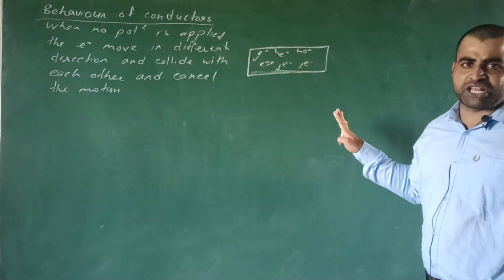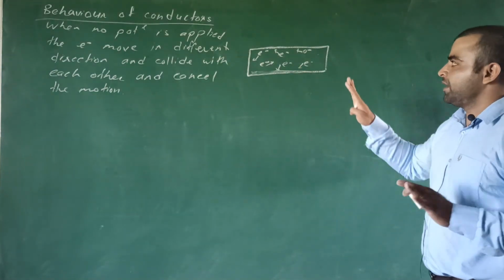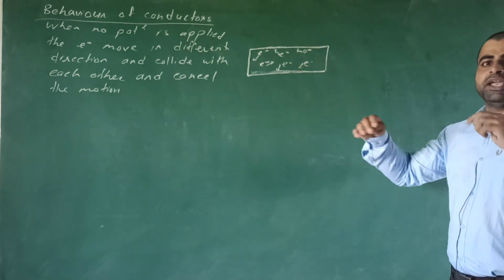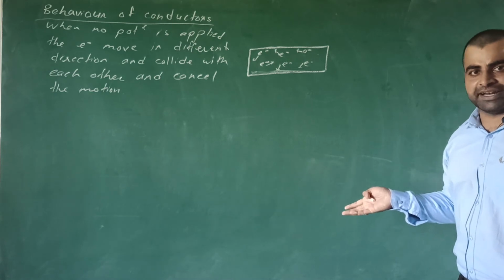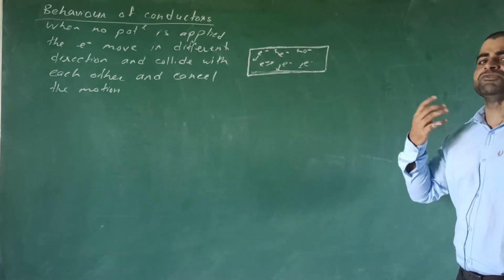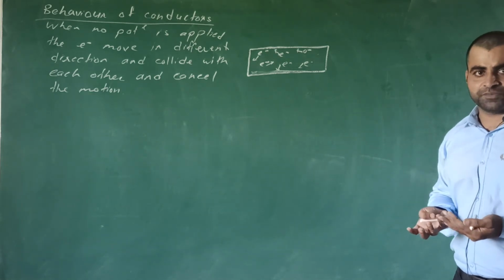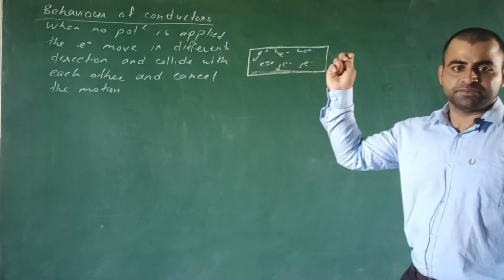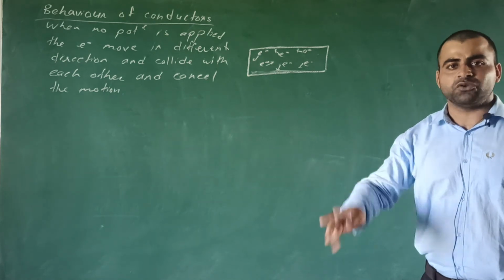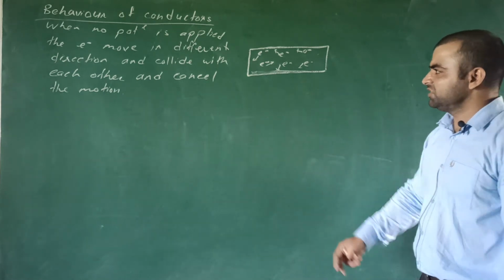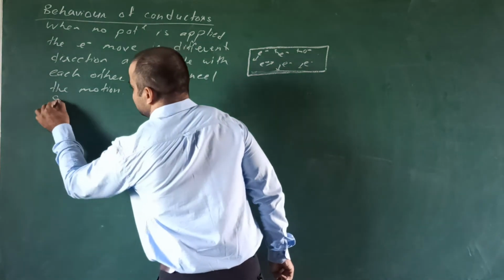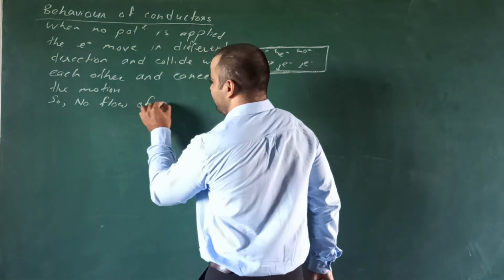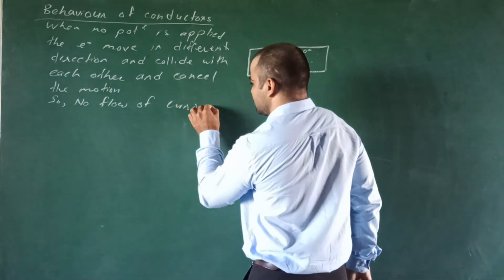If there is no potential, the electrons move in different directions, collide, and cancel their motion. So there will be no flow of current, meaning net current will be zero.